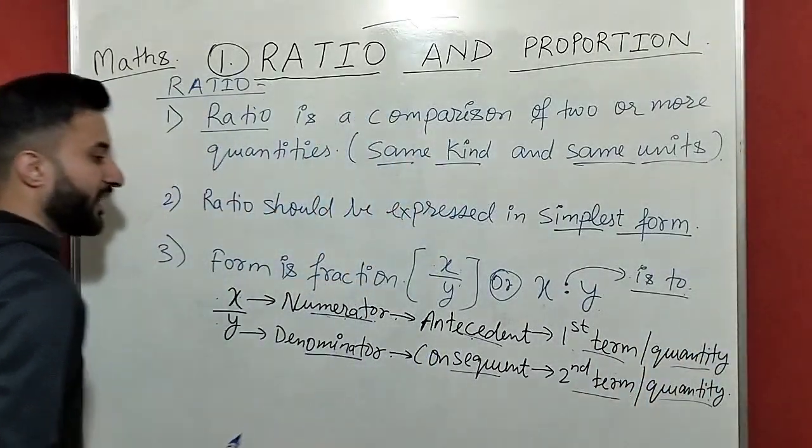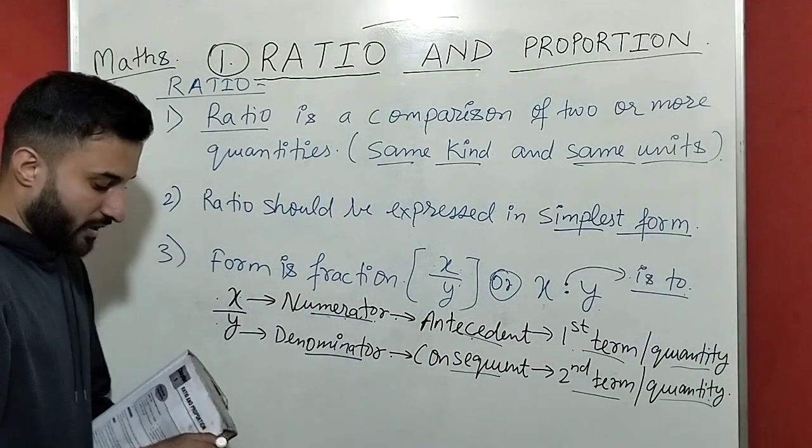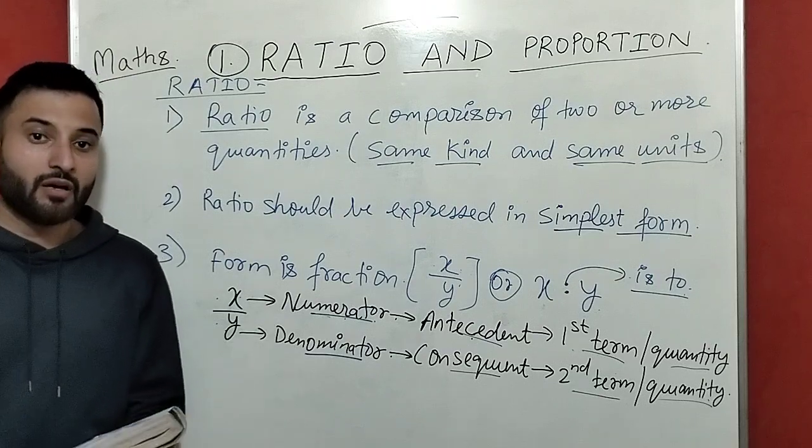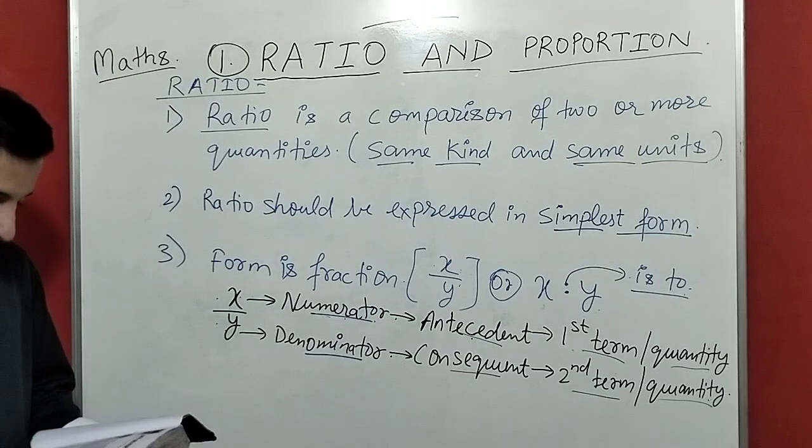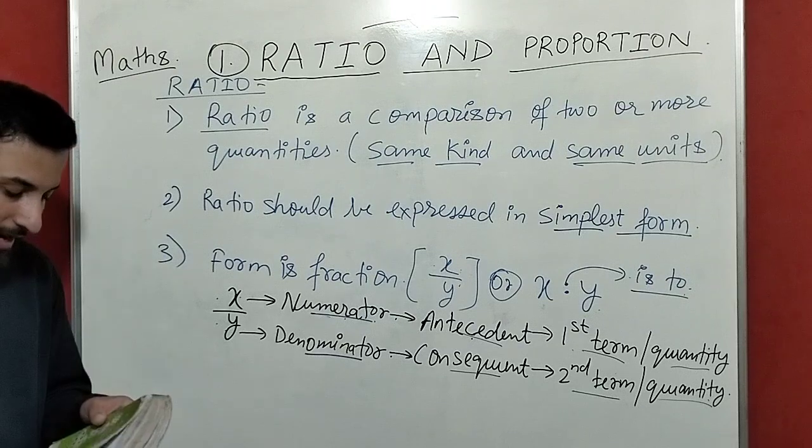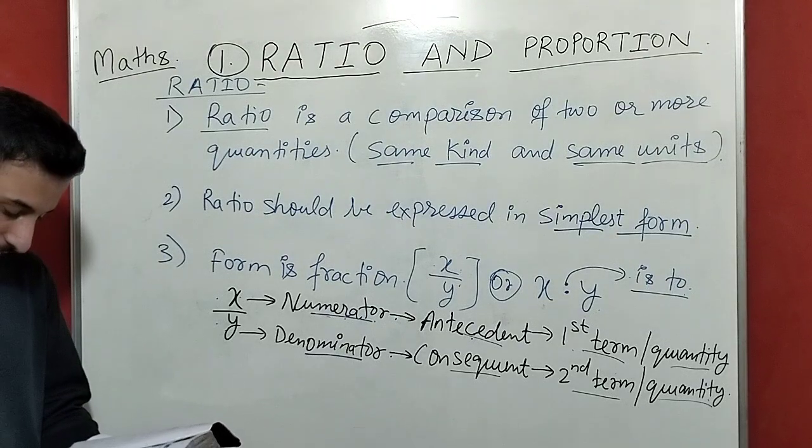So here we are not talking about the numerator and denominator. Guys, the names are very, very important. Don't remember it as numerator and denominator. Remember it as antecedent and consequent.